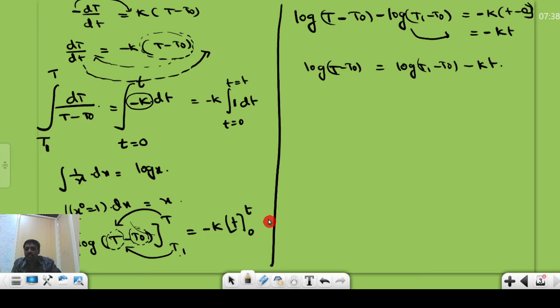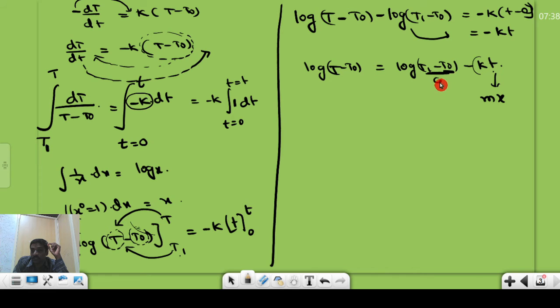Again, please concentrate on this equation. Time t is the variable, k is the constant. This variable I am taking as x, and this constant I am taking as m. T1 is the initial temperature of the hot body, it has some constant value. T naught is the surrounding temperature, it is also a constant value.